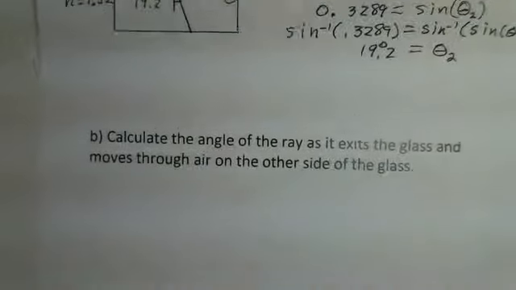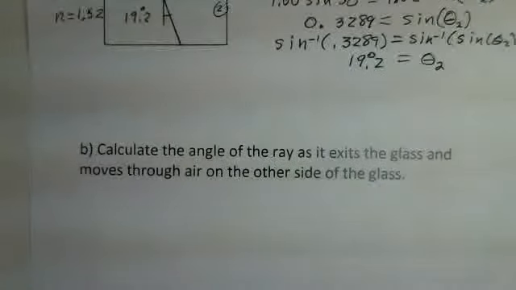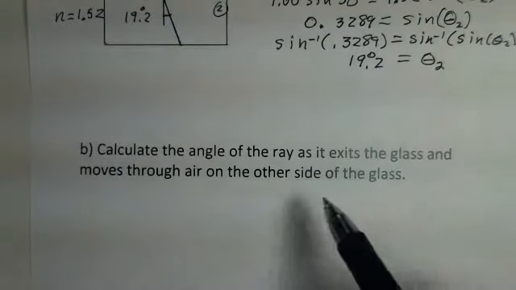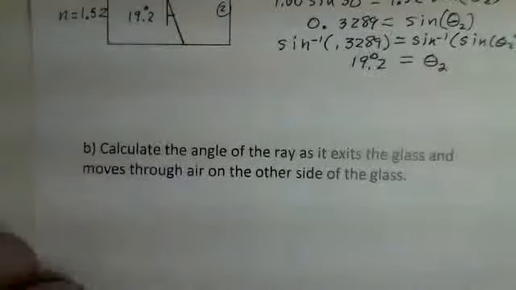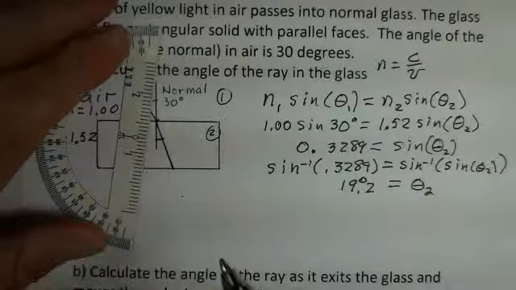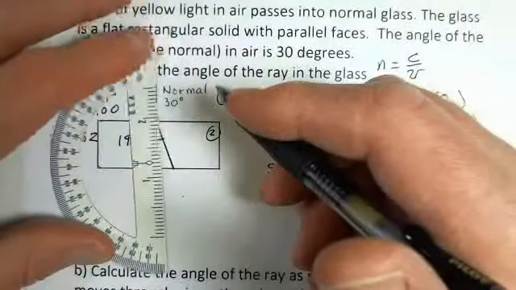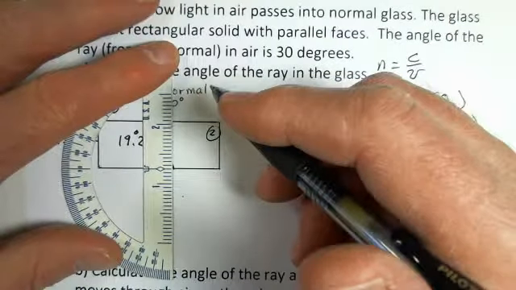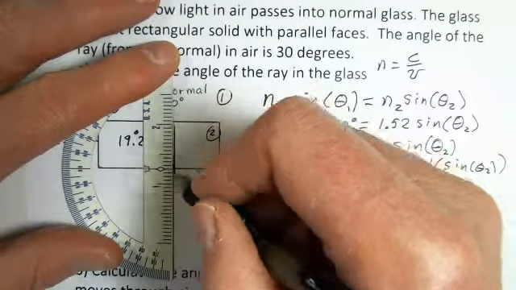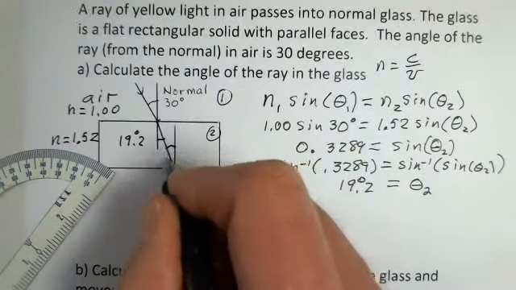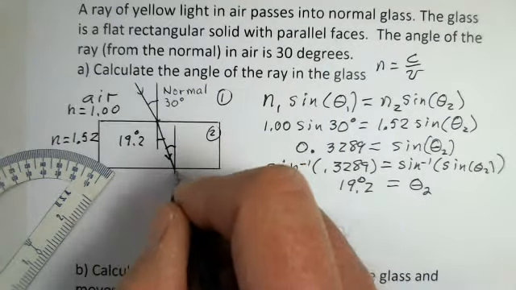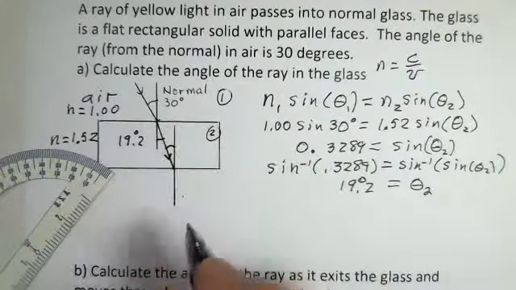So the ray keeps on going. What's the angle of the ray as it exits the glass and moves through air on the other side? Well, again here we would draw a normal. I'll try to do this semi-accurately. What is the angle of the ray now hitting the boundary between the glass and the air?